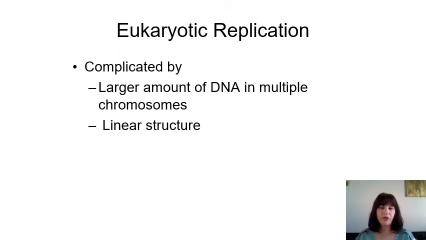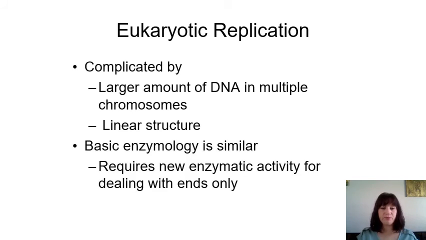And eukaryotes, there's more of it, and it has this linear structure. And so the basic enzyme functions, like you need a polymerase, you need a primer, you need a helicase, all that is the same. But what is different is what we do when we get to the ends, when the DNA needs to stop.